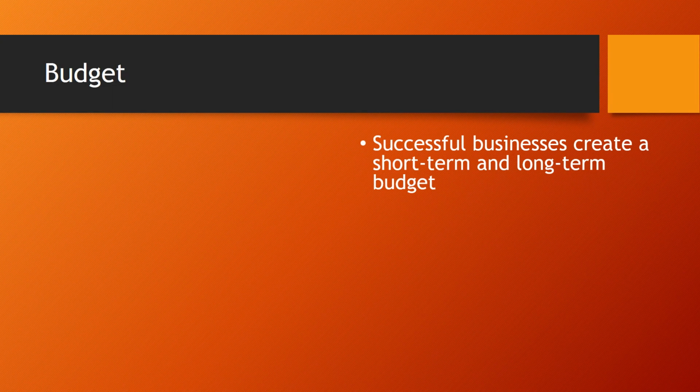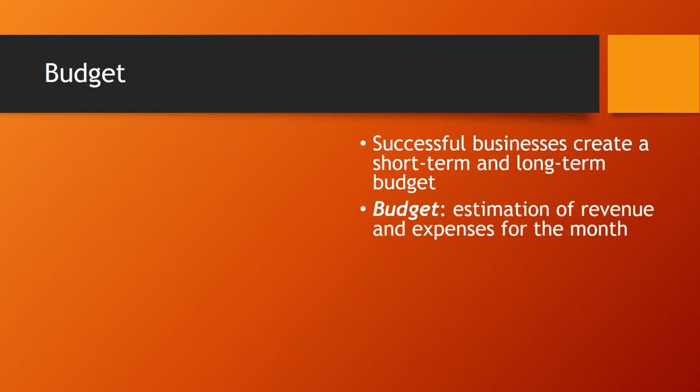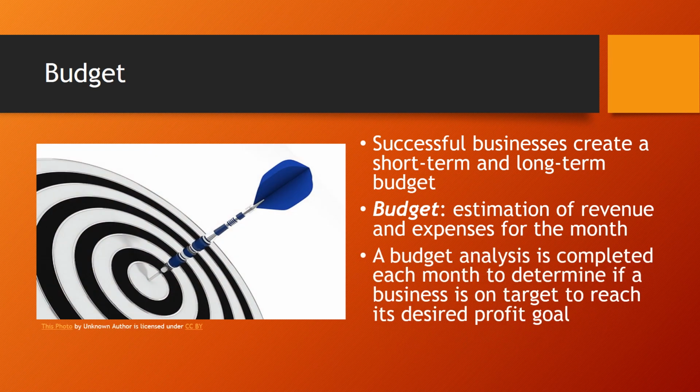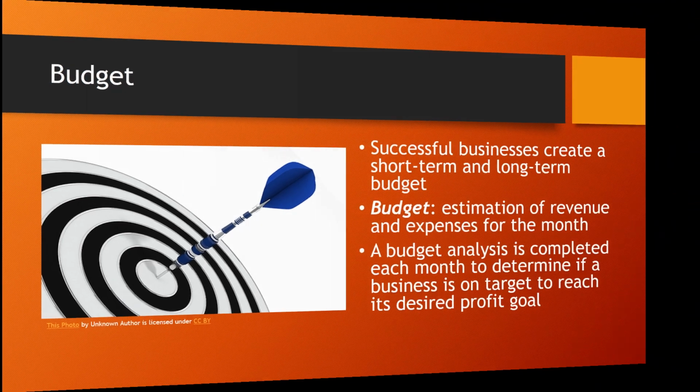Successful businesses create both a short-term and long-term budget. Budget is the estimation of the revenue and expenses for the month. A budget analysis is completed at the end of each month to determine if a business is on target to reach its desired profit goal.